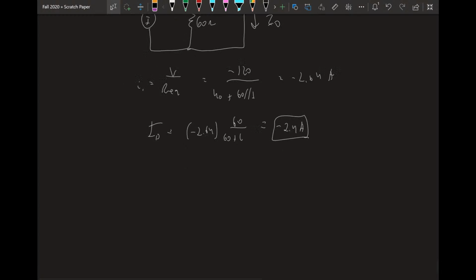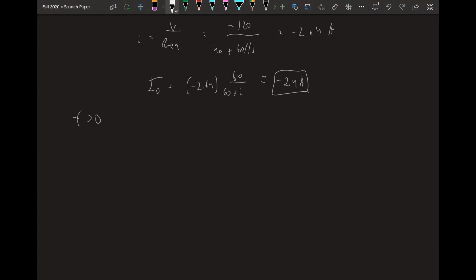Now let's look at t greater than 0. At t greater than 0, we have our inductor, this dependent current source, here and here, and here is I delta, here is 20 I delta, 100 ohms, 60 ohms, and this is 0.25 henries.